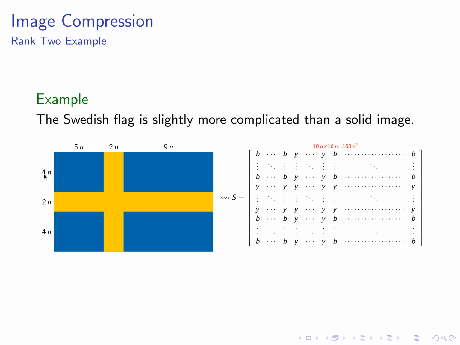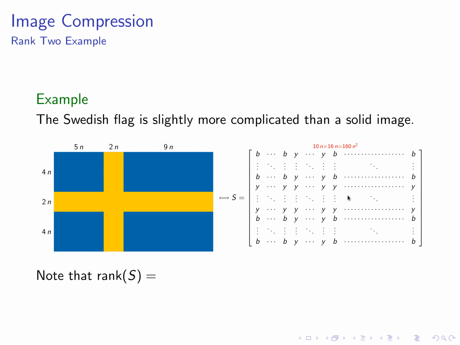There are 4n plus 2n plus 4n, which altogether is 10n. And how many columns? There are 5n plus 2n plus 9n, which is 16n. And 10n multiplied by 16n is 160n squared. So there are 160n squared entries inside of this matrix.